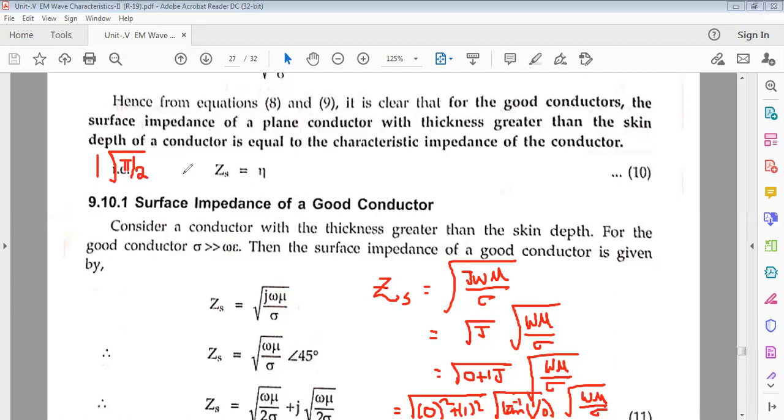So under root of pi by 2, times under root of omega mu by sigma.